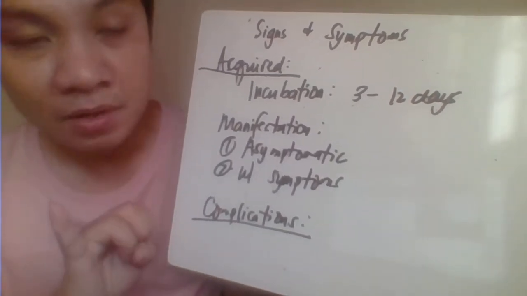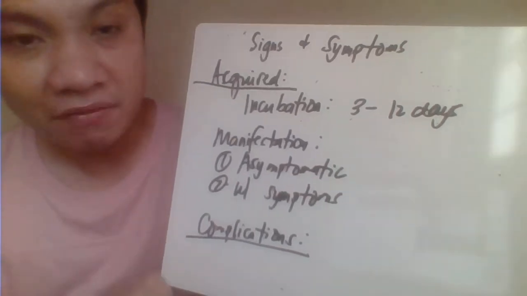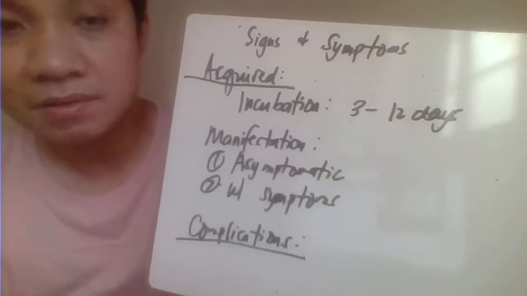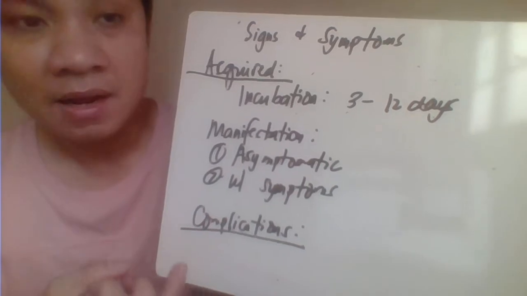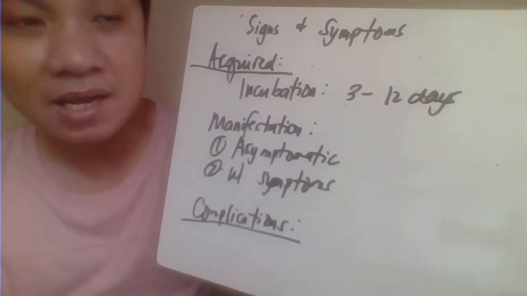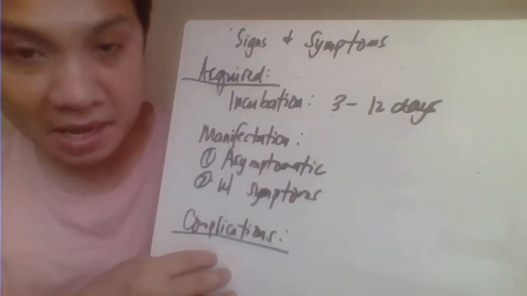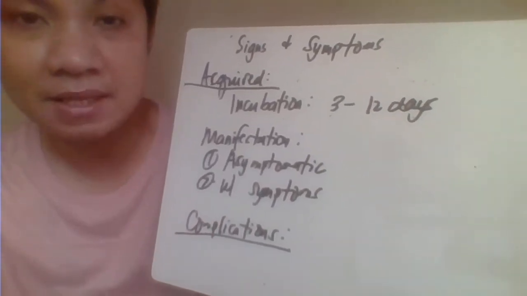Again, meron siyang infectious mononucleosis-like syndrome, hepatitis manifestation. So pag sinabing hepatitis manifestation, expect to have an increase in liver enzymes. But this is characterized by heterophil antibody negative. Negative siya for heterophil antibody.